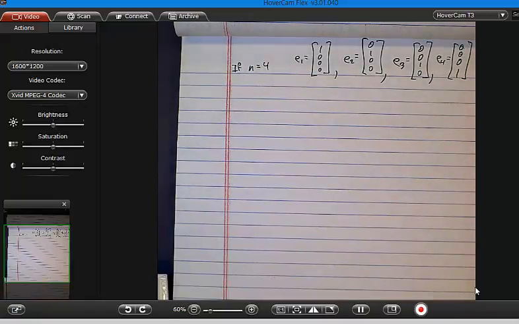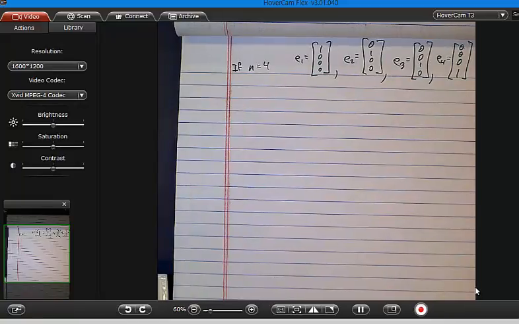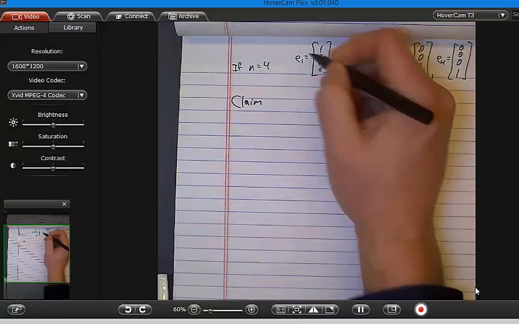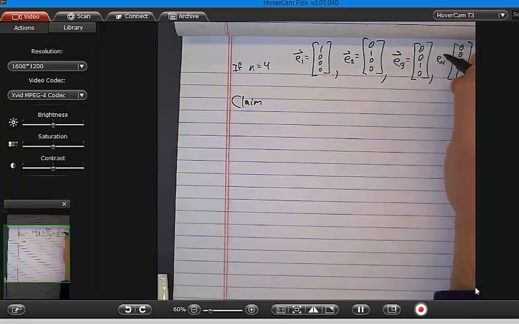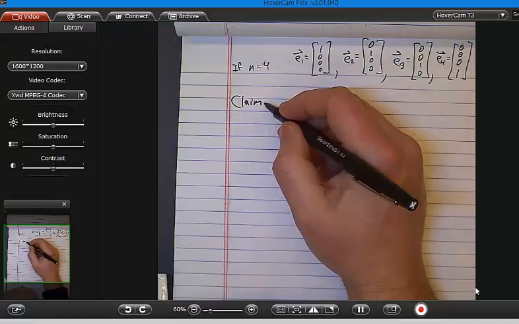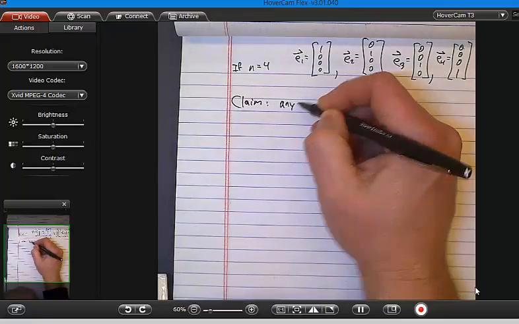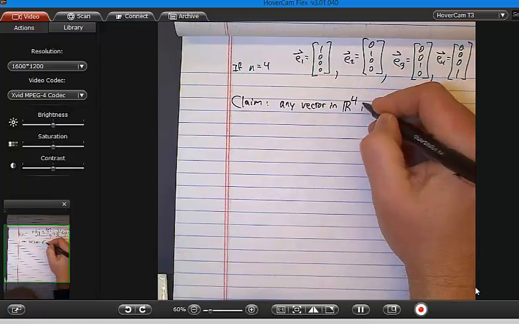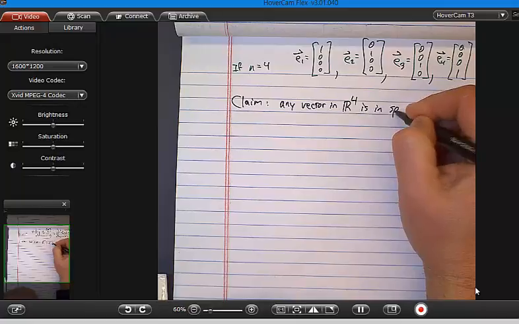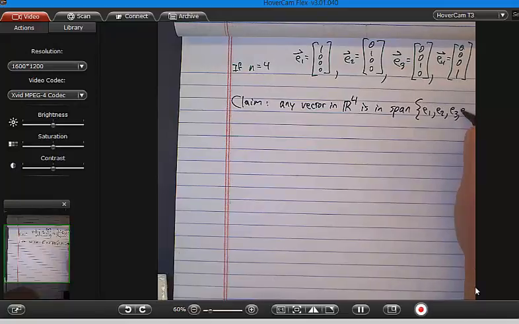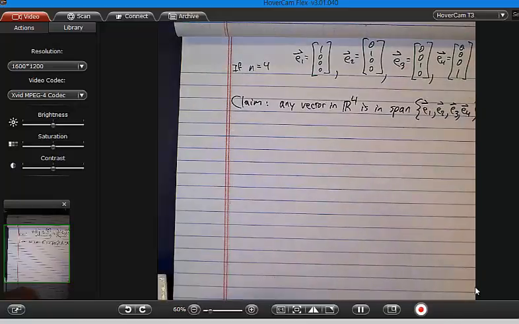So I claim that this is a basis. Well, for it to be a basis, any vector in R4 is in the span of E1, E2, E3, and E4. Do you guys agree with that?